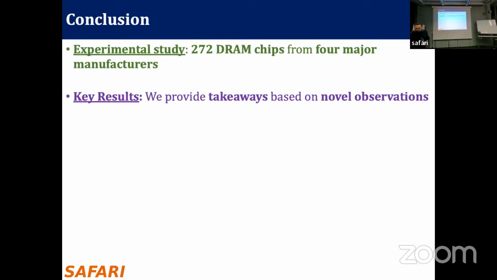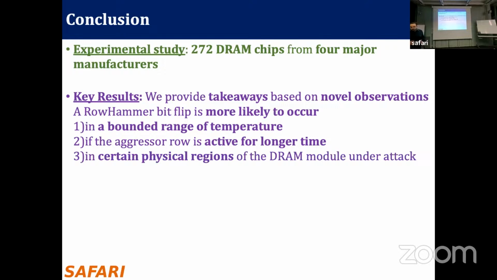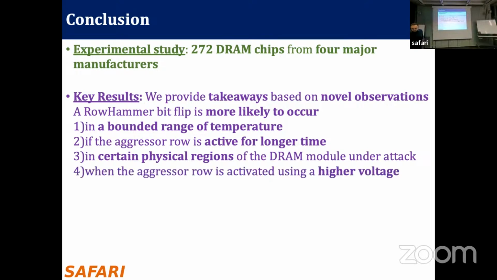So in conclusion, we tested 272 DRAM chips from 4 major manufacturers. And our key results show that a RowHammer bitflip is more likely to occur in a bounded range of temperature, if the aggressor row is active for a longer time, in certain physical regions of the DRAM module compared to the other physical regions, and when the aggressor row is activated using a higher voltage.